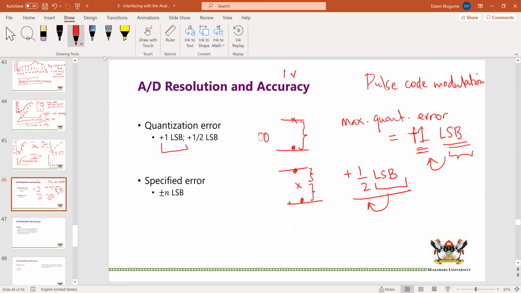Okay, so these are the two scenarios that lead to these two cases. It is plus or minus. If it is really plus or minus, we can do that, and so you would know that for plus we are looking at the upper side, and minus we are looking at the lower side.